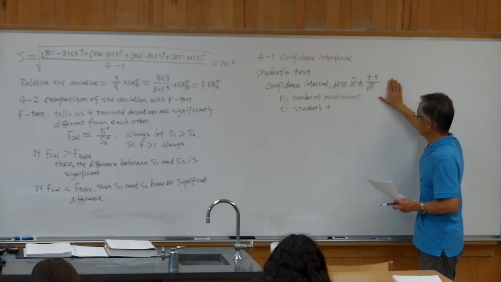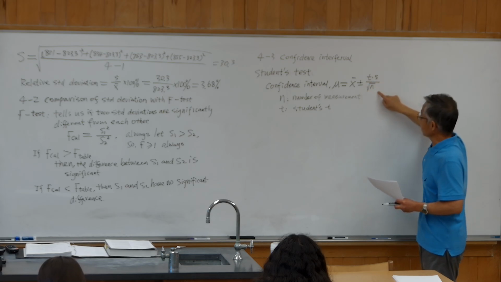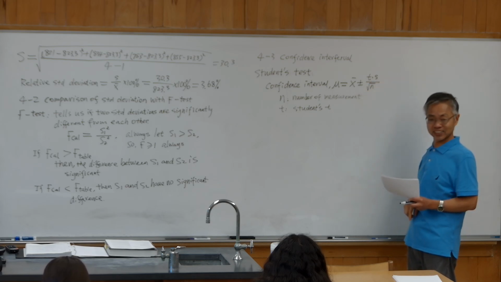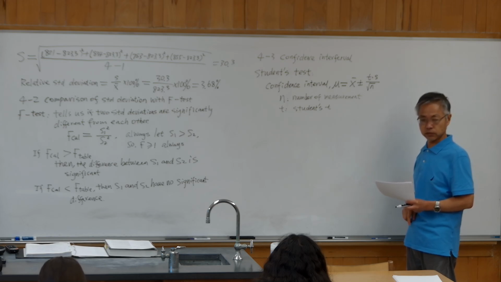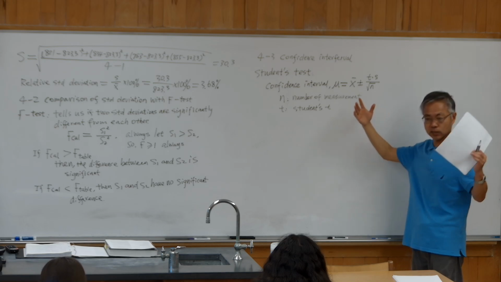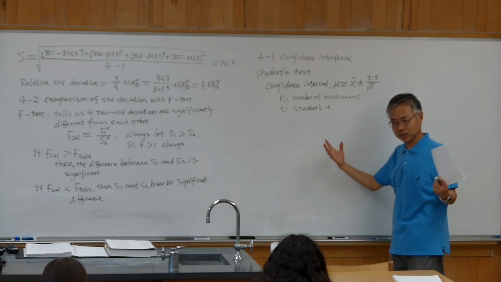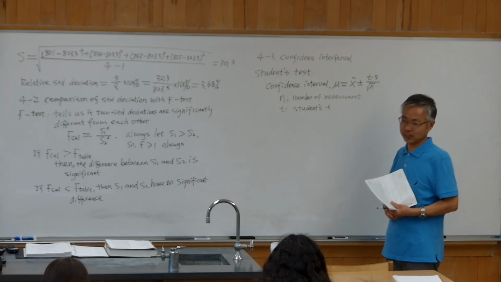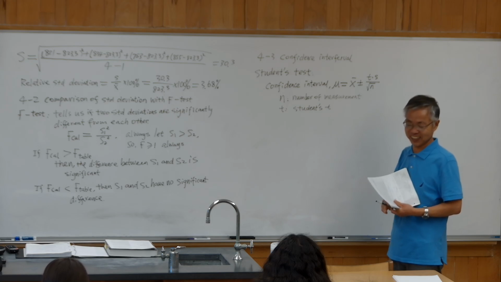Now, as you increase t, this range will be larger. In other words, if you want to be more confident, you need to give a larger range. This makes sense. If you give a larger room, you are more confident the true value will be inside this range.